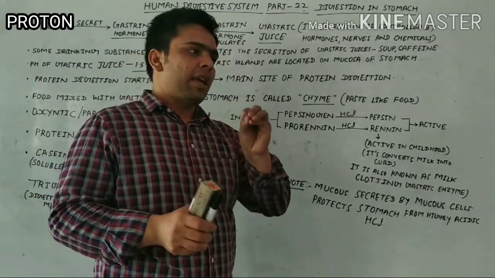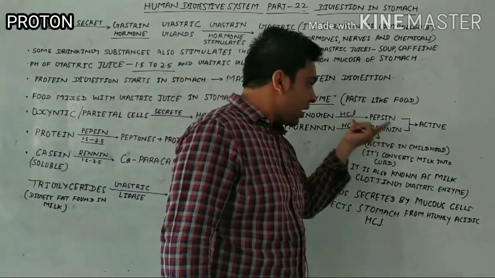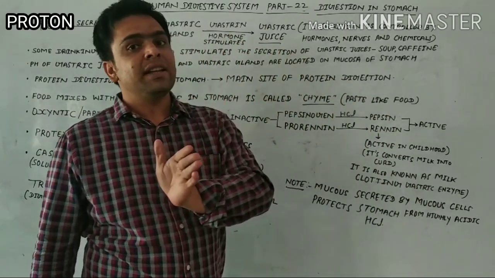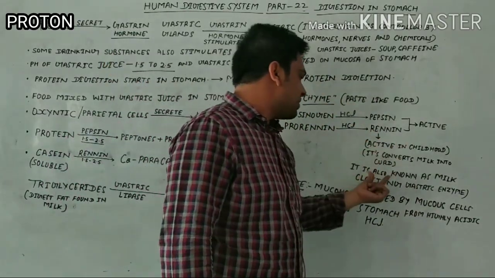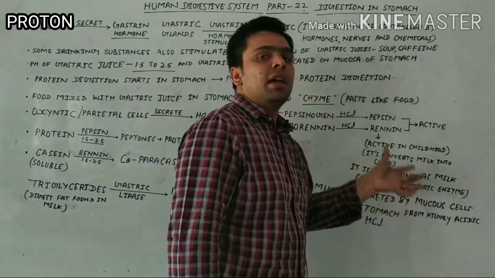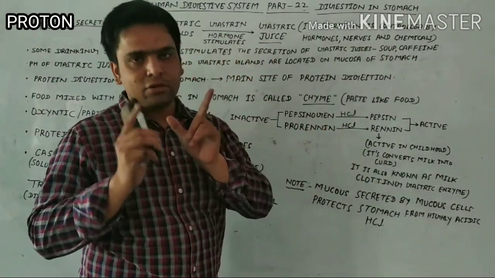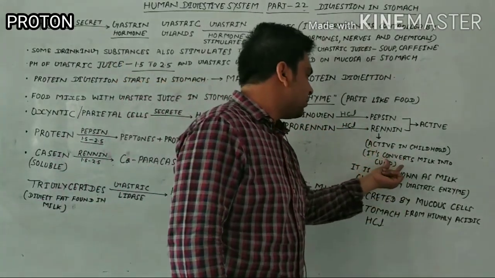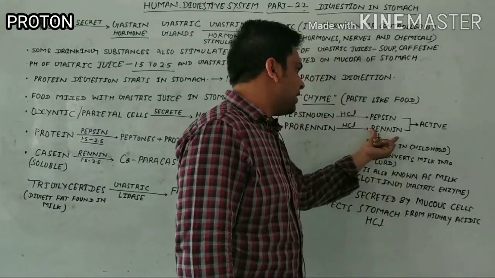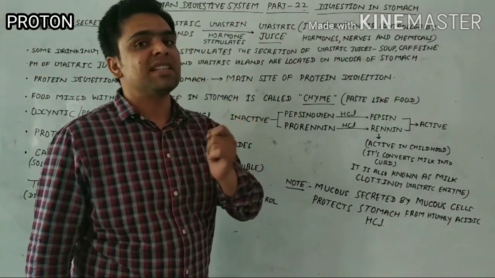When an infant feeds on mother's milk, the renin found in that infant converts that milk into curds. So it plays a very important role only in children. In adulthood, it is not found in active form. So renin is also known as the mother's milk digestive enzyme.